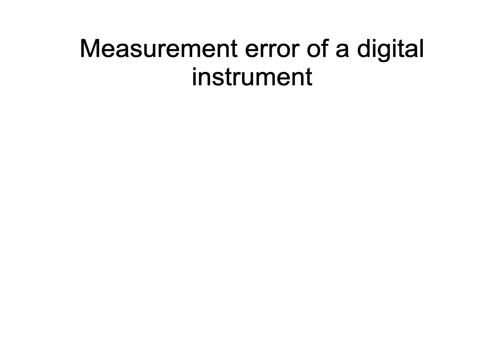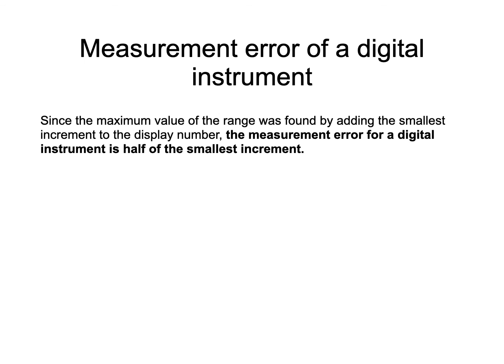For the specific case of a digital device, the maximum value of the range is established by adding the smallest increment to the display number. It means that the separation between the maximum and minimum values is the smallest increment, and that the measurement error for that instrument is half of the smallest increment. Let's have a look at another example.